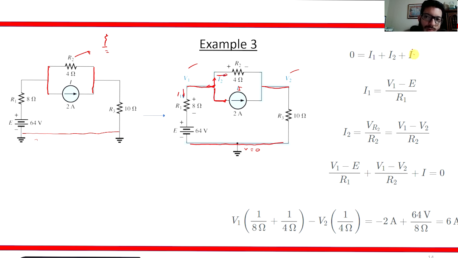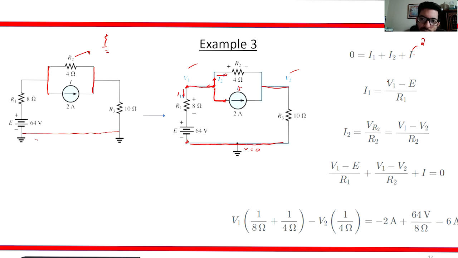I equals 2, but we don't know I1 nor I2. But we do know that I1, this right here, is the potential between, this is exactly what we did before. V1 is the source plus the voltage drop here. In order to get from 0 to the maximum potential, we have to go through the source and then the voltage drop across the resistor.